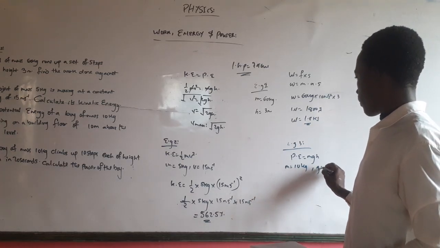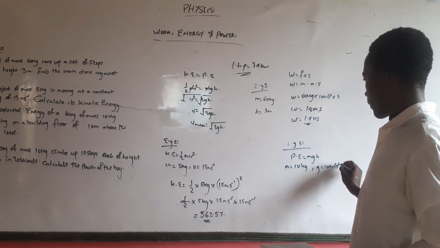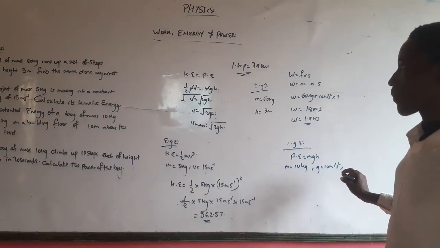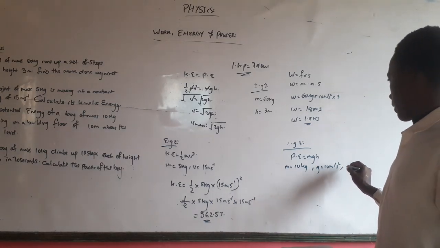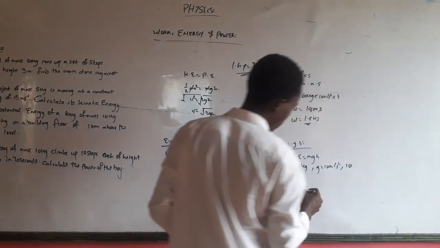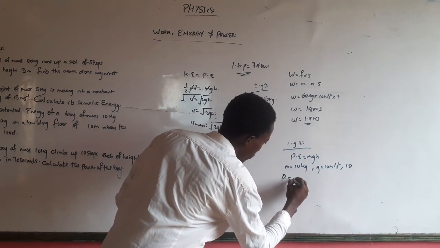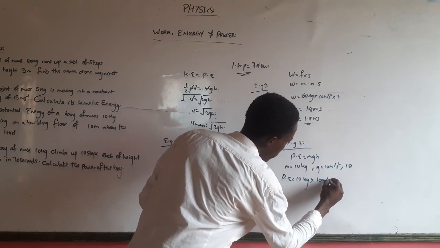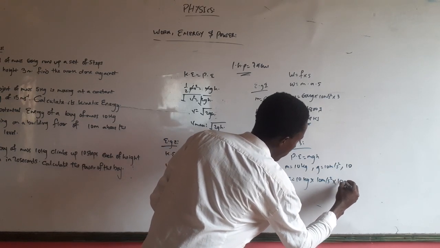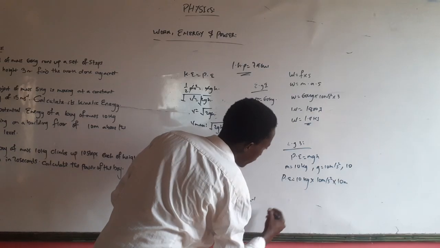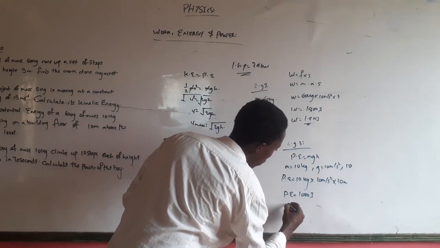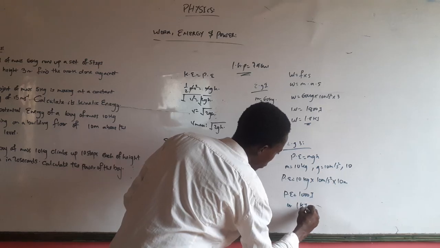G is what? And H is what? On the building floor, that's 10. So just multiply everything together. PE is 10 kg multiplied by 10 meters per second squared multiplied by 10 meters. When you multiply everything together, you have PE as 1000 joules, or 1 kilojoule.